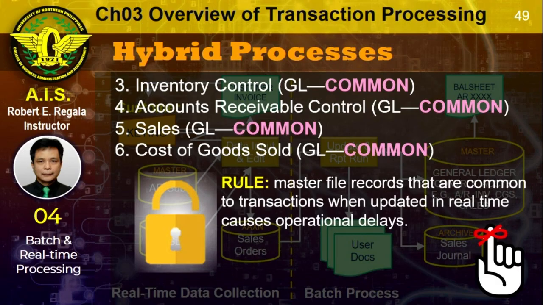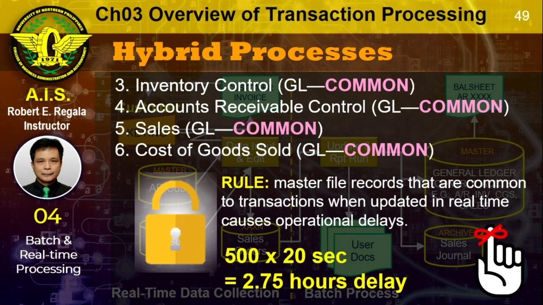The last person in the queue will experience a delay of 500 times 20 seconds, or the equivalent of 2.75 hours, or 2 hours and 45 minutes. Therefore, it is more operationally efficient to process transactions that affect common records using the batch processed method.